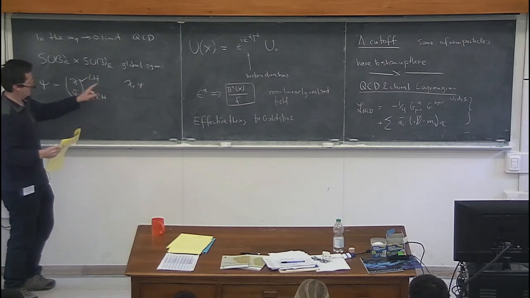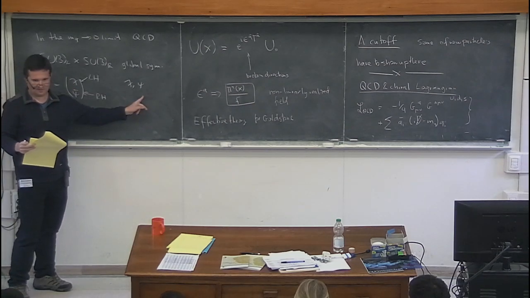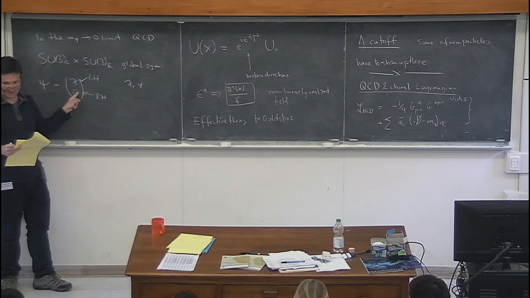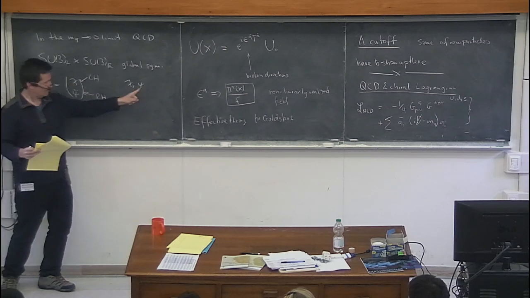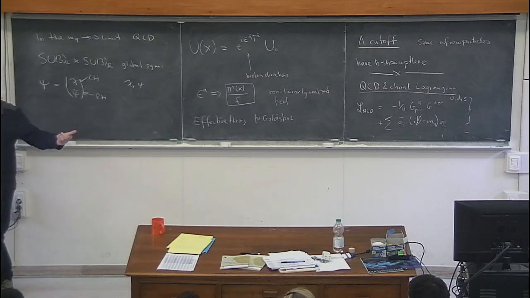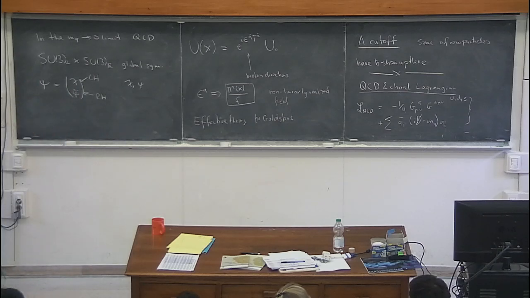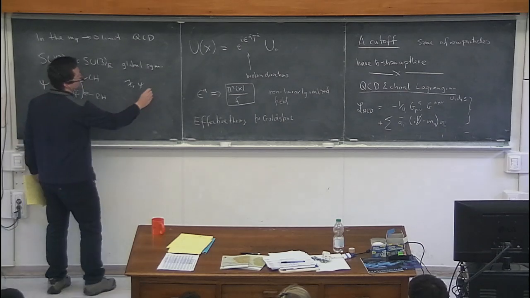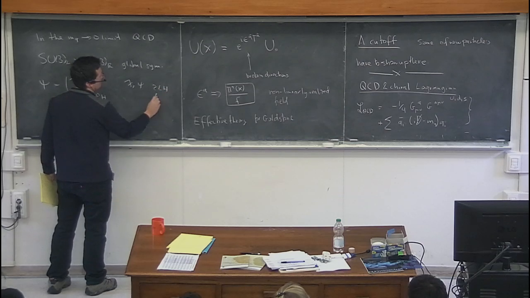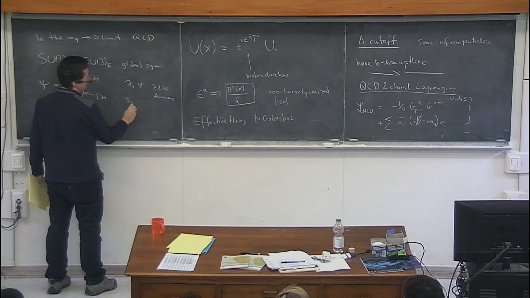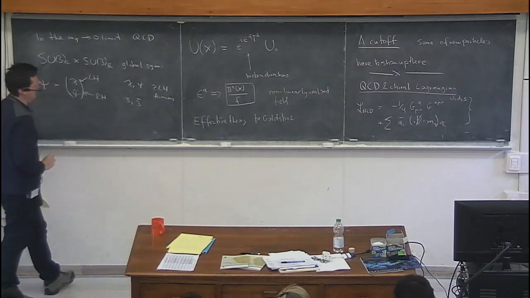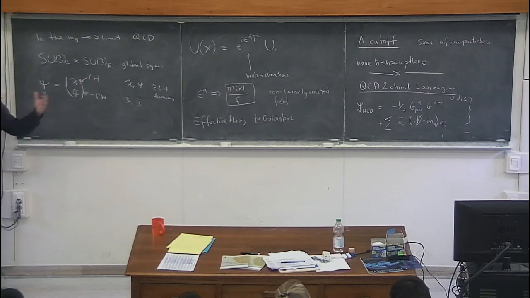Now these are both left-handed fermions, because I took a conjugate here, but chi is in the fundamental and psi is in the anti-fundamental of the color group. It's completely equivalent.